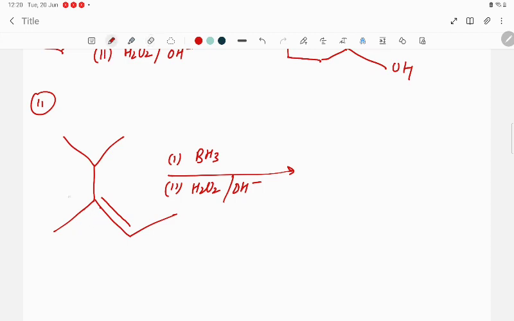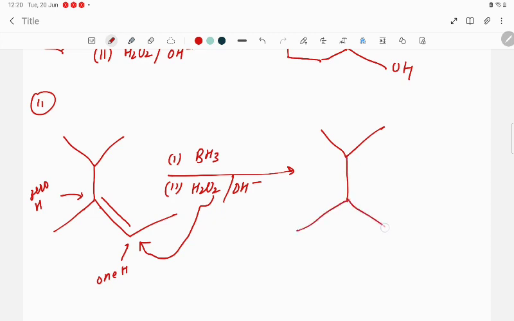And how many at this position, student? 1 hydrogen. So according to anti-Markovnikov's rule, OH goes to the position where hydrogen is more. So what is the product, friend? If you are writing the product, the OH group will be added to this position, and 1 hydrogen will be here. That you need not mention. If you are not mentioning hydrogen, it is automatically understood that the position has hydrogen.